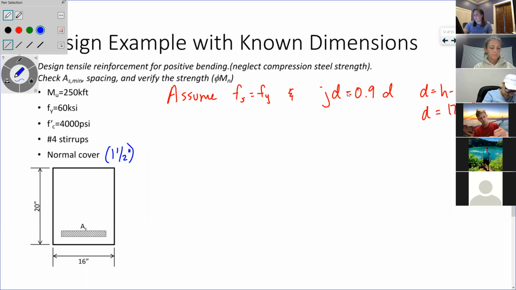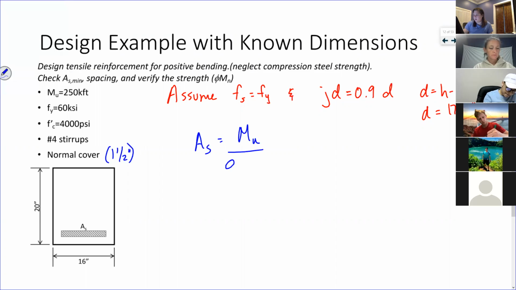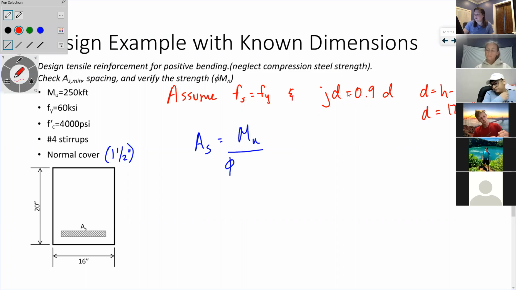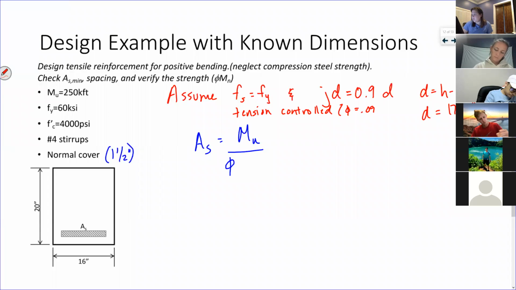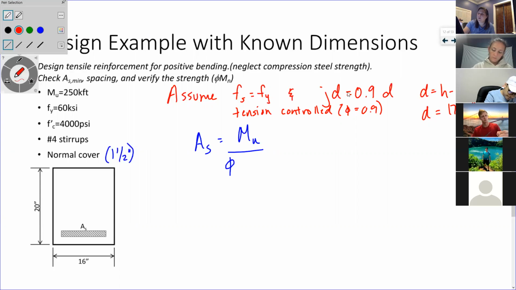So my starting point, As is Mu over phi. I'm also assuming tension control, so it's 0.9. Phi fy times jd.